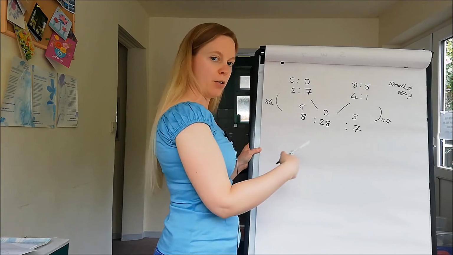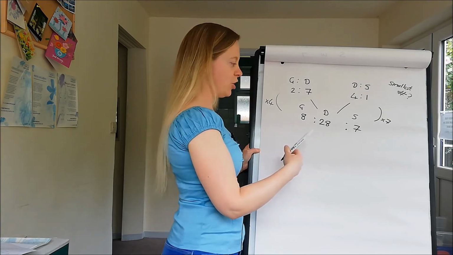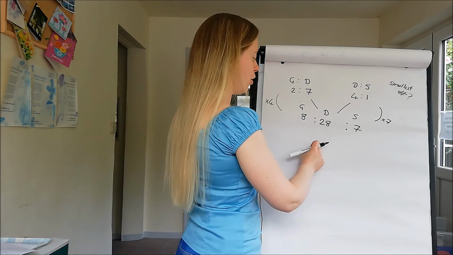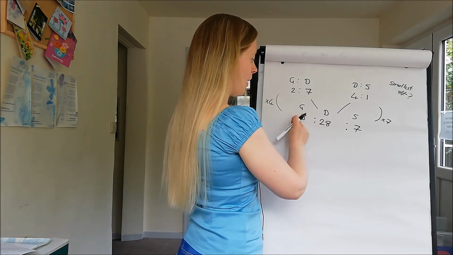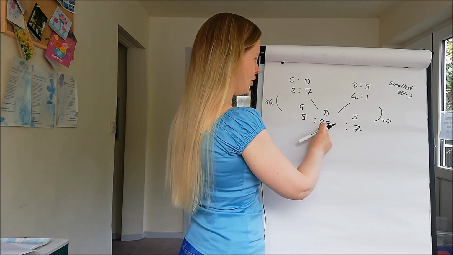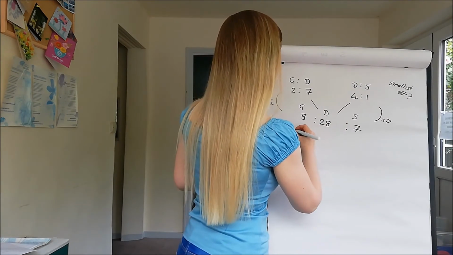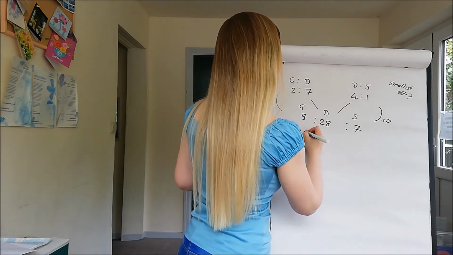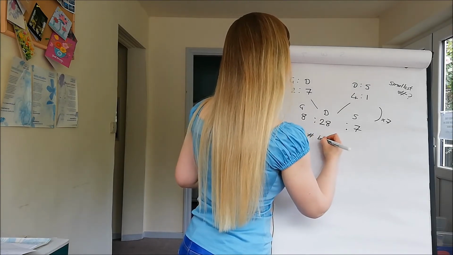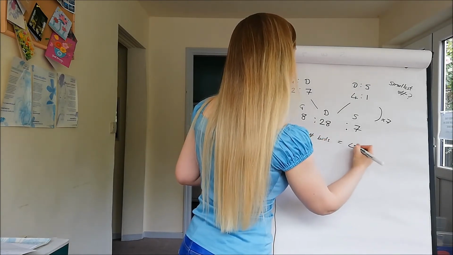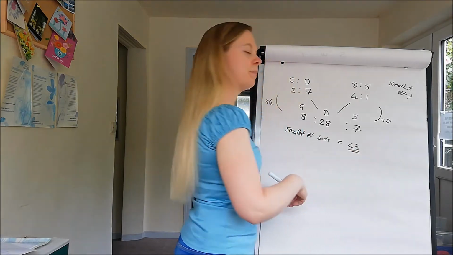The smallest possible number of birds is generated by just adding those numbers together. So 8 plus 28 makes 36, and add 7 on makes 43. So the smallest number of birds is 43.